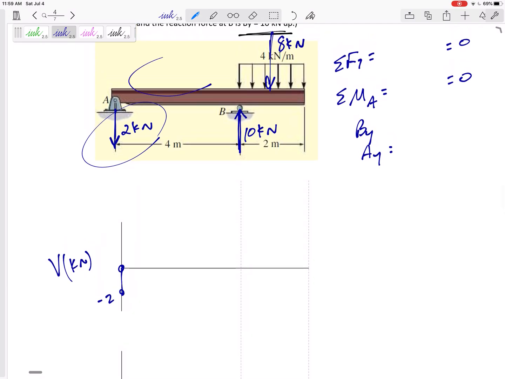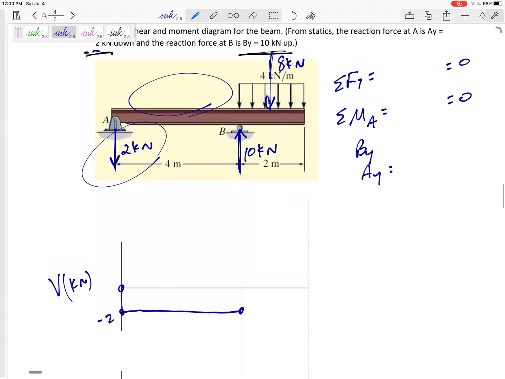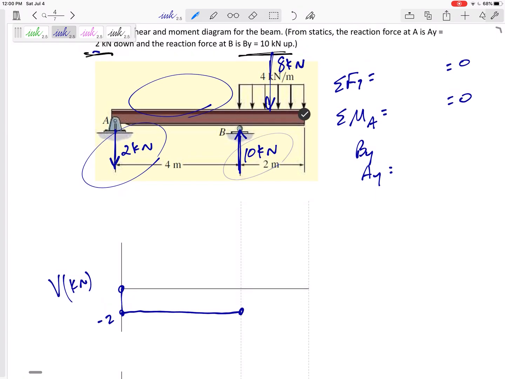Then what is happening in between here? Are there any forces? Are there any distributed loads? No. So it stays at what it was, so it still is at -2. Then what happens? An immediate 10, so I get pushed up to 8, and then it hits the distributed load.